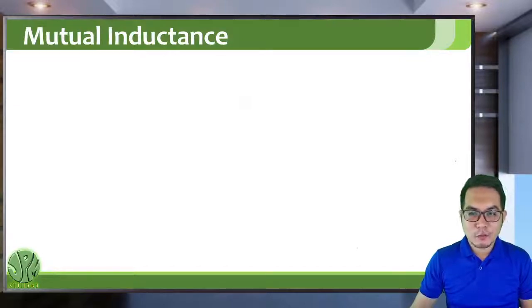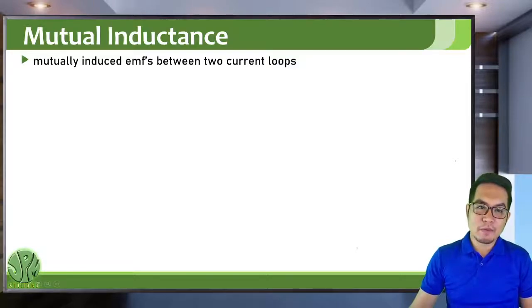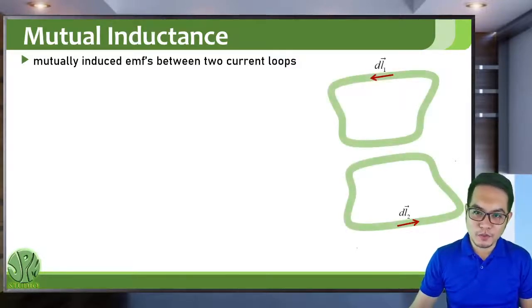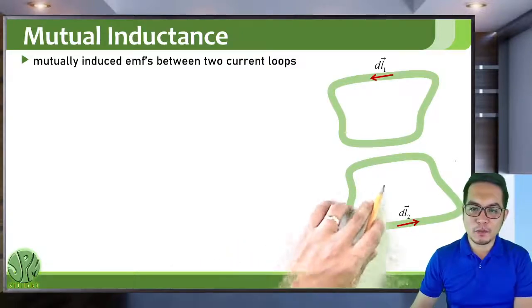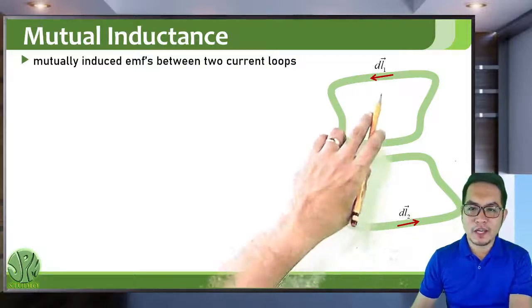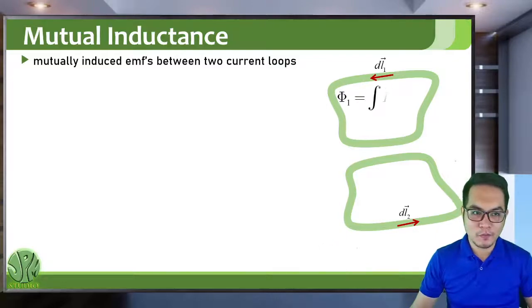Let's first start with mutual inductance. This is the mutually induced EMFs between two conducting loops or two current loops. Suppose you have two conducting loops carrying currents I1 and I2, with differential lengths dl1 and dl2.